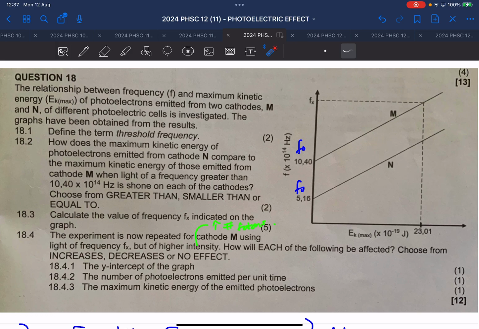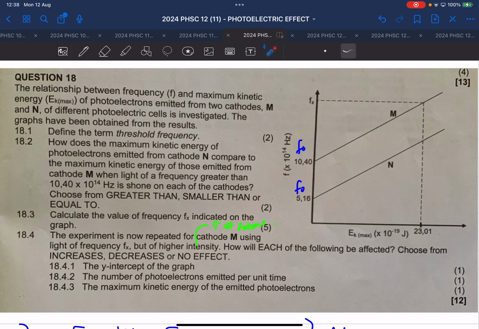It will increase, because if you increase intensity, you increase the number of photons, increase the number of electrons being emitted. So 18.4.2 increase. 18.4.3, the maximum kinetic energy of the emitted electrons? No effect, because you're not increasing the frequency. If you increase the frequency, then it will increase. So it will be no effect, increase, no effect.